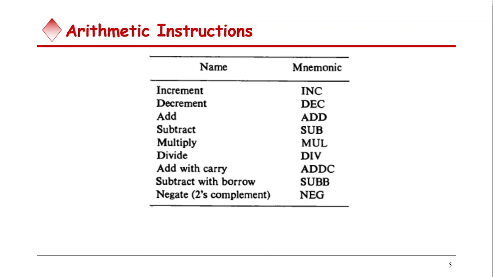The decrement instruction subtracts 1 from a value stored in the register, and a number with all zeros, when decremented, will produce a number with all ones.